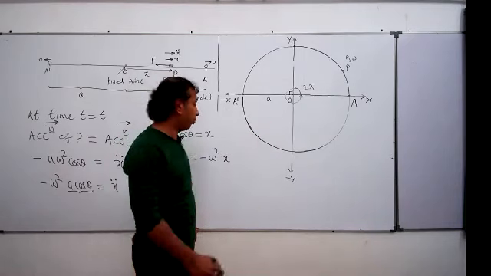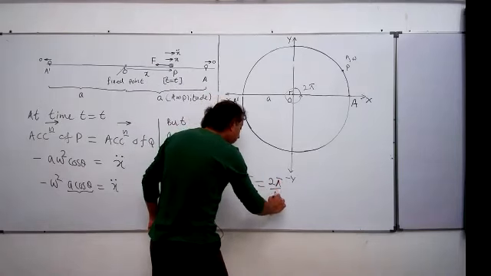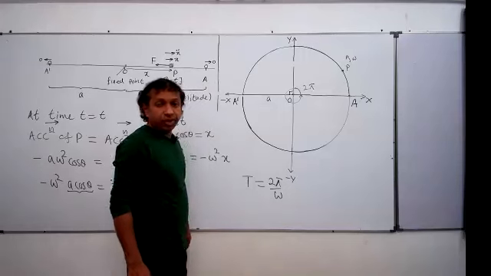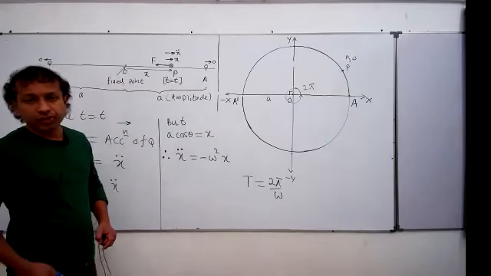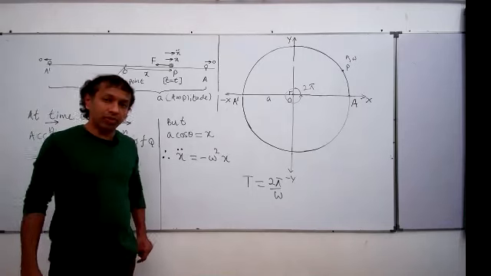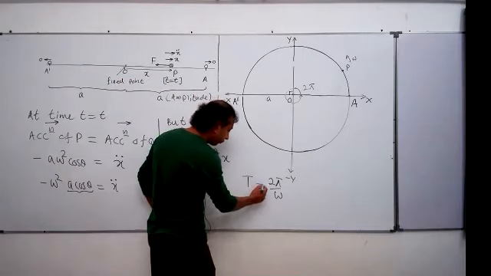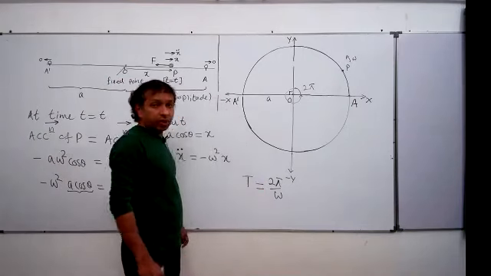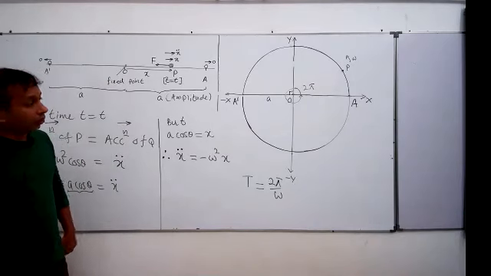Then the time taken is the angle divided by angular velocity. Therefore, the period of simple harmonic motion is T equals 2 pi by omega. Right, people? T equals 2 pi by omega.